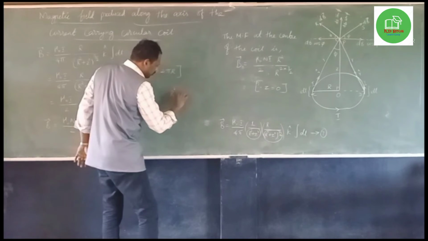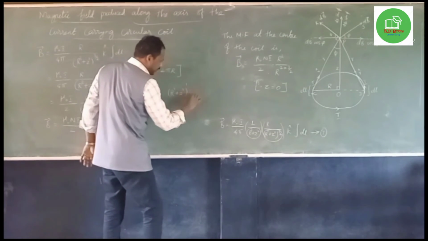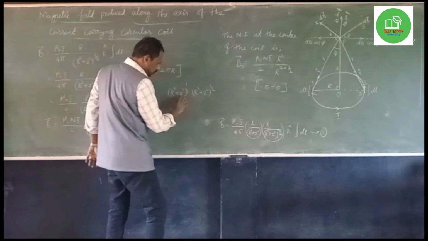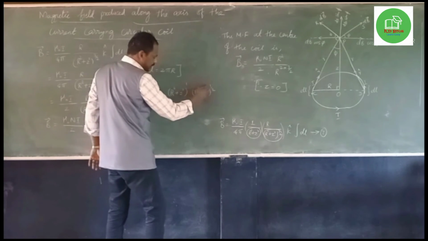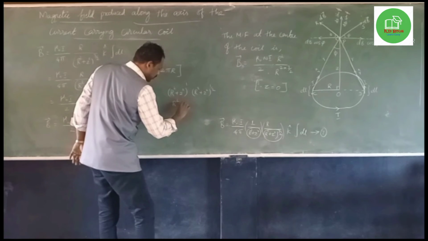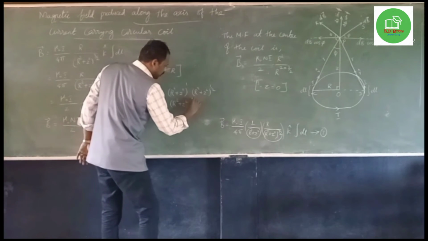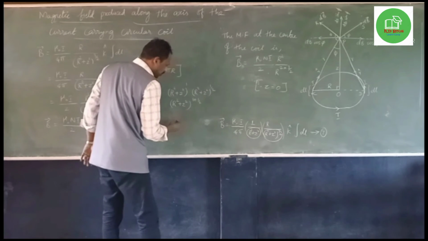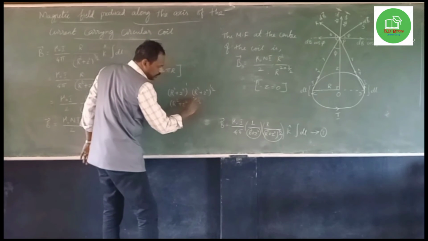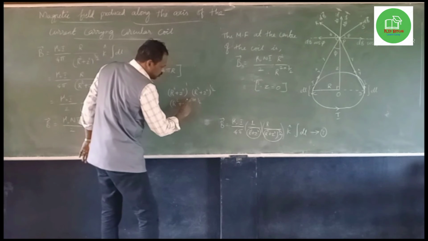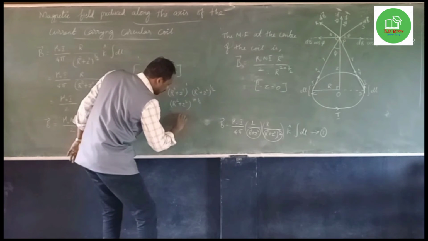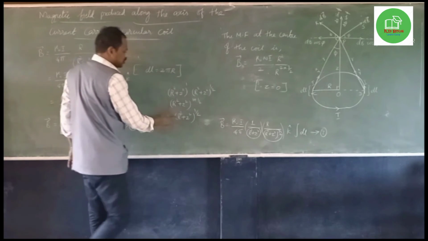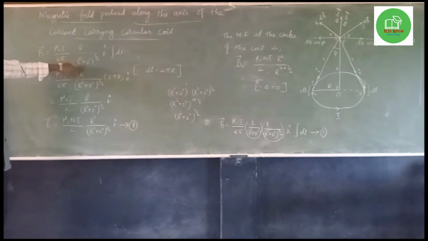That is r square plus z square power 1 and r square plus z square power 1 by 2. Now the base is the same, so we add the powers. Therefore r square plus z square power 1 plus 1 by 2. Taking the LCM, you get 2 plus 1 divided by 2, so you get r square plus z square power 3 by 2.